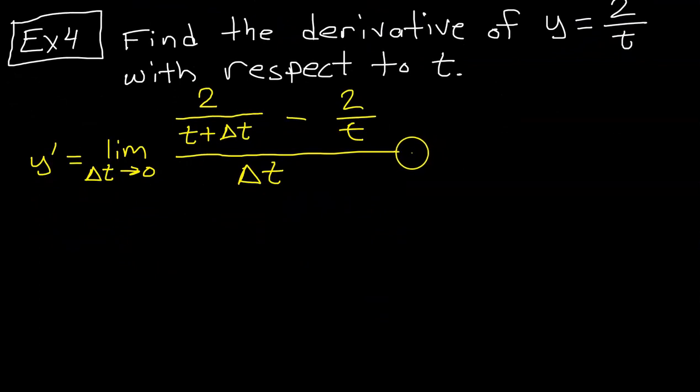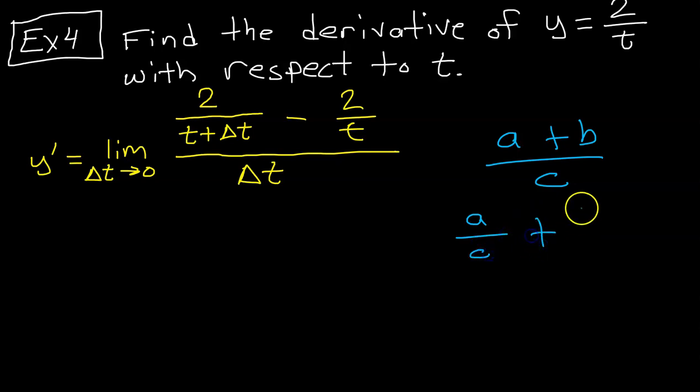Now it's just a matter of simplifying this. So first of all, let's separate this out. You guys understand, if I have a plus b over c, I can write this as a over c plus b over c, right? I can divide each separately and make two separate fractions. So that's what I'm about to do right now.